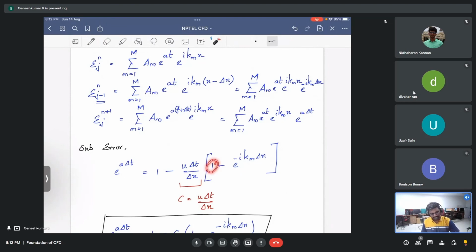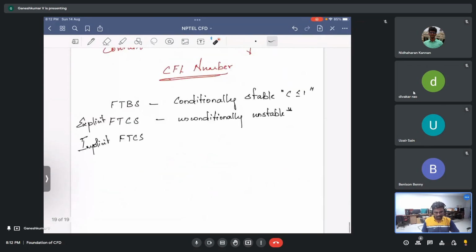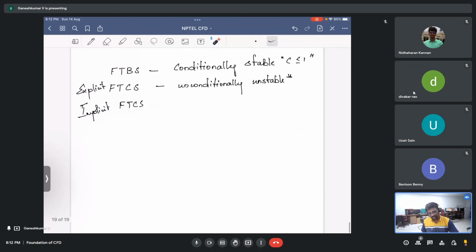Here we won't have 1. Here we will have e power a delta t, and here also we will have another e power a delta t. If you take care of those things correctly and end up with G, the fully implicit scheme will be unconditionally stable.